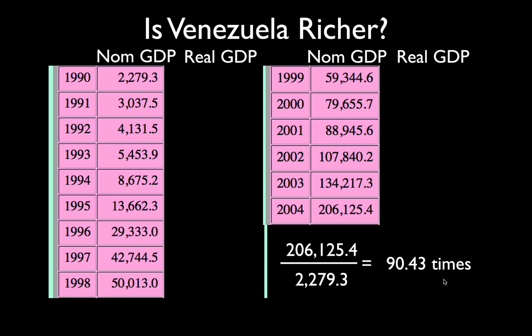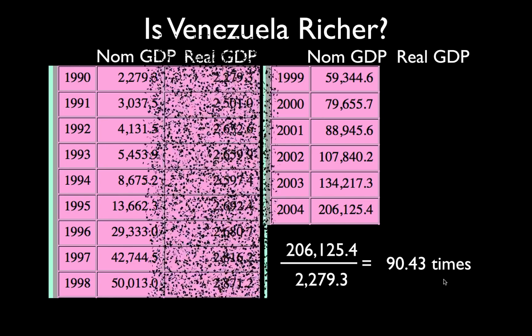If they were accurate reflections of changes in the Venezuelan standard of living, that would mean that if an average person had one house, one car in 1990, they would have 90 houses and 90 cars in 2004. Obviously, that didn't happen, and unfortunately, if you look at the news today and for the last number of years, you will see that there has been famine in Venezuela, there has been starvation, there's been nothing produced, therefore something else has happened.